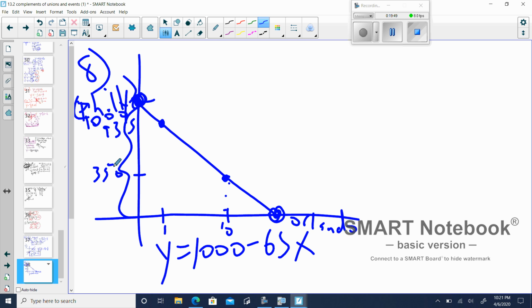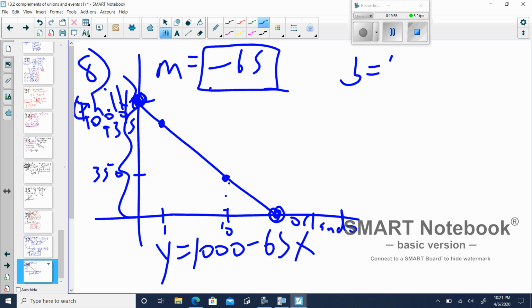Okay, so our slope is -65. That's our slope. Our y-intercept is 1,000. The equation represents the distance remaining after x hours, so Philly to Orlando.